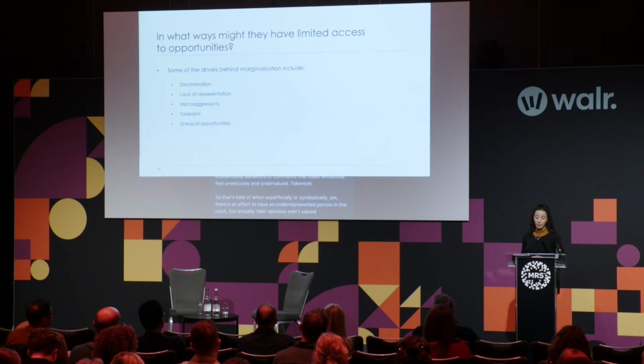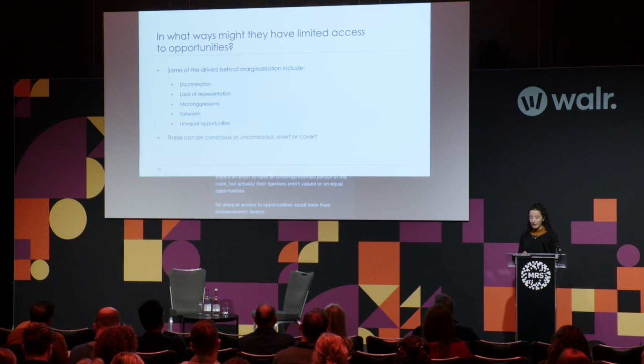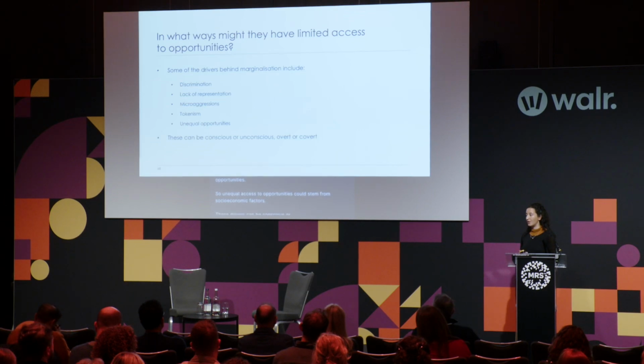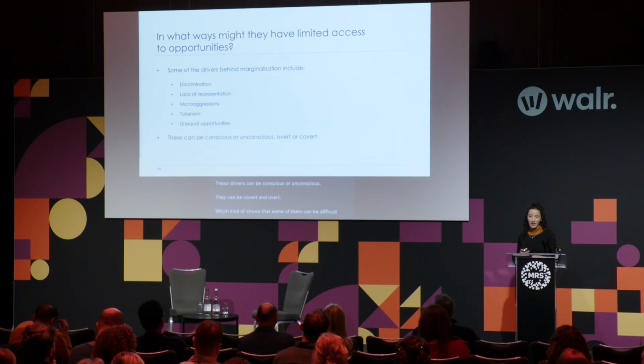Or unequal opportunities, so unequal access to opportunities could stem from socioeconomic factors. These drivers can be conscious or unconscious. They can be covert and overt, which kind of shows that some of them can be difficult to spot, and it's going to take time to build that awareness so that we can fix the problem.